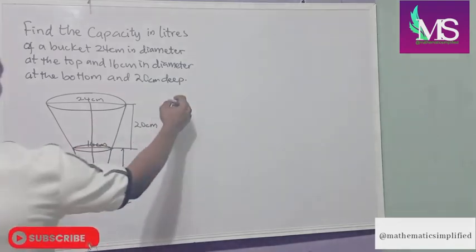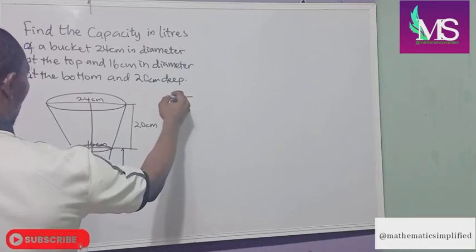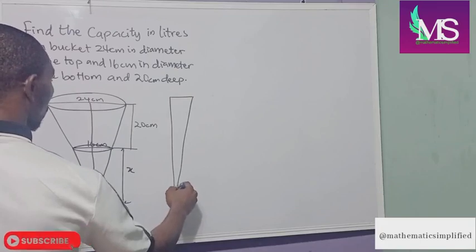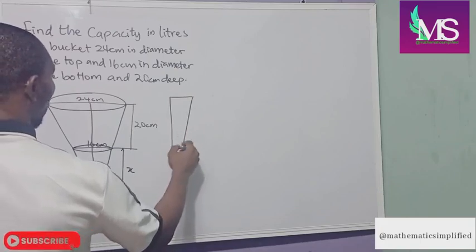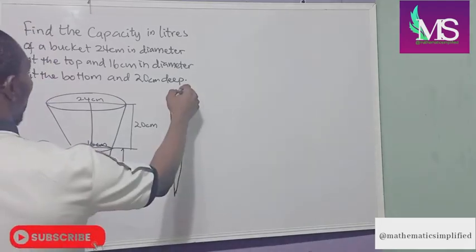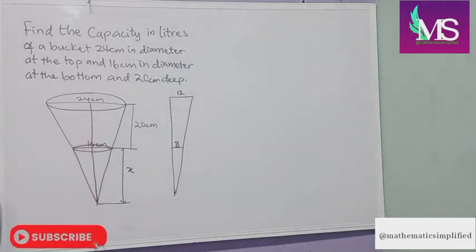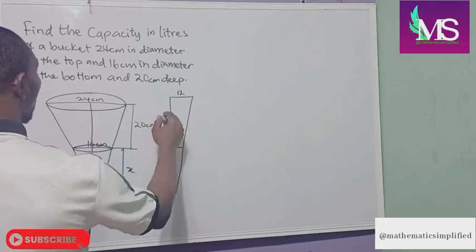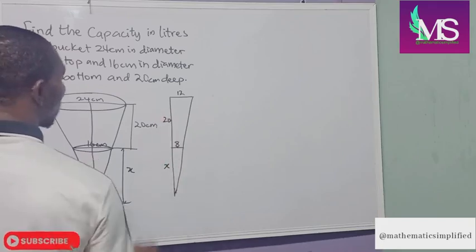But now, looking at this triangle this way, here we have 8, which is half of 16. Here we have 12, which is half of 24. So this is 20 and x.